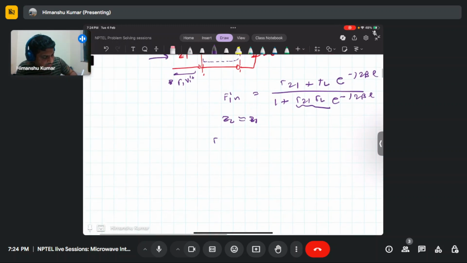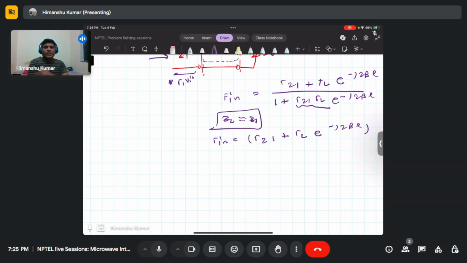Then your reflection coefficient will become gamma 2 1 plus gamma L times exponential of minus j times 2 beta L. This will be the case when your two lines have approximately similar characteristic impedance.